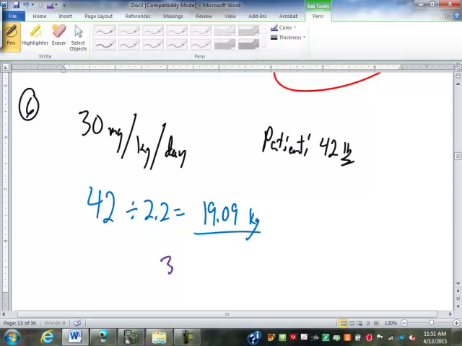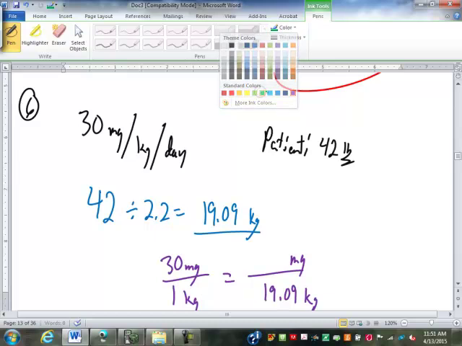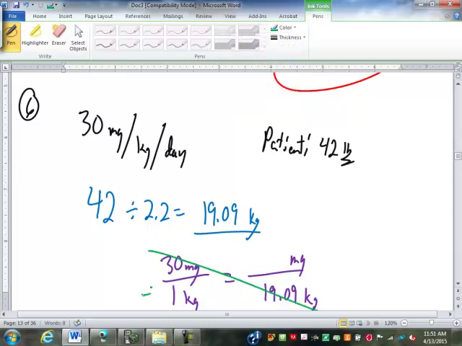And we know it is 30 milligrams per 1 kilogram, and that's per day, equals blank milligrams per 19.09 kilograms. Cross multiply and divide. 30 times 19.09 is going to be 572.7 milligrams.